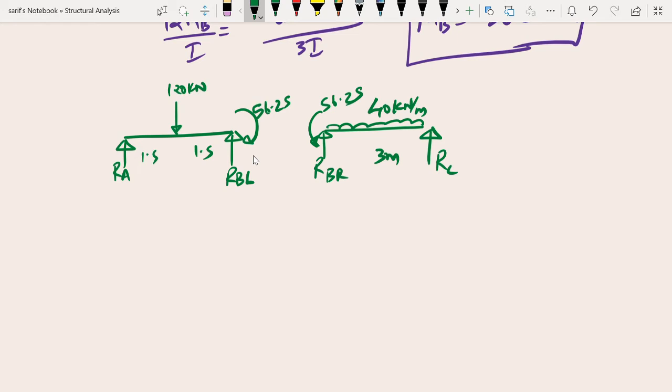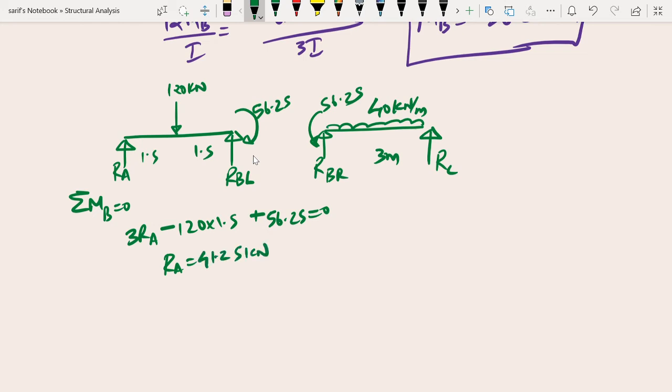If we try to solve this for this particular beam, sigma M about B equal to 0. So 3RA minus 120 into 1.5 plus 56.25 equal to 0. So RA equals 41.25 kilonewton.